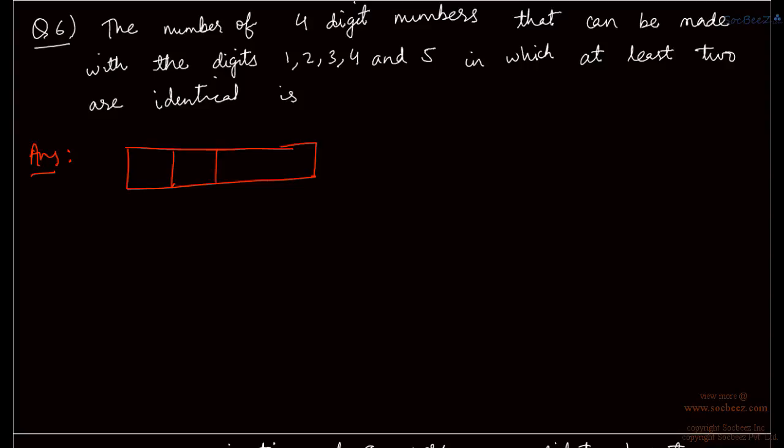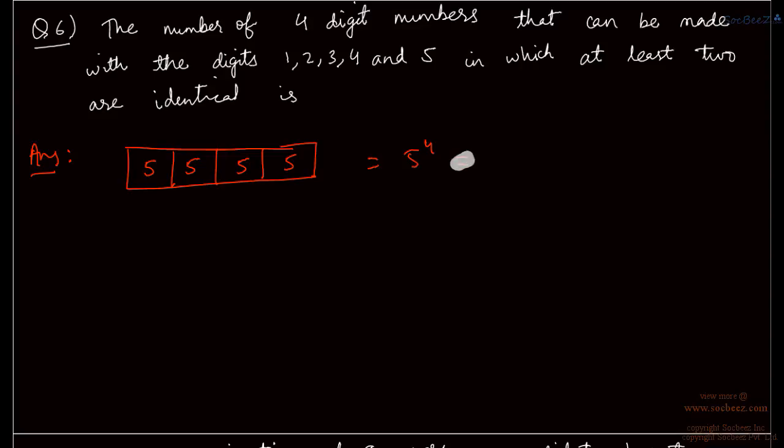So let this be our word, right? Now the total number of words possible is, if I can put all 5 in the first slot, all 5 in the next, all 5 in the third and all 5 in the fourth, right? I can put say 2 in the first, 2 in the second, 2 in the third and 2 in the fourth. Right? So the total number of possible ways for this is 5 into 5 into 5 into 5, which is 5 power 4.